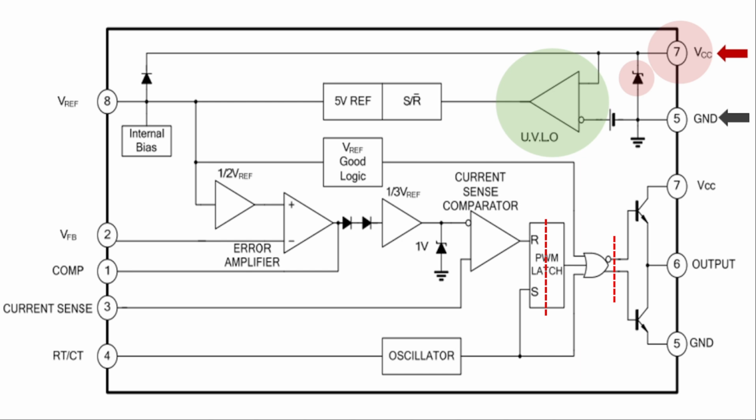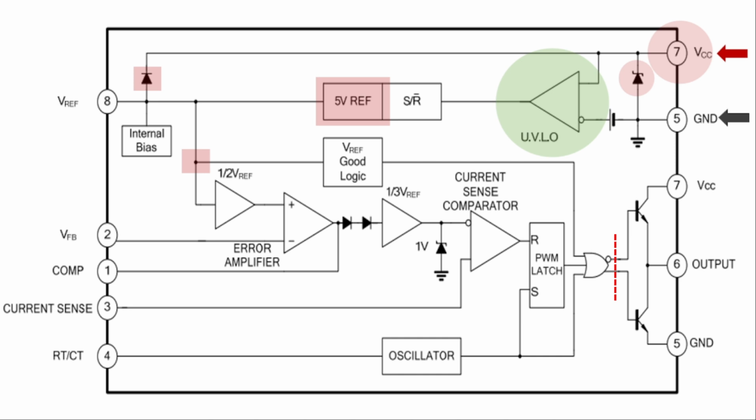As soon as your IC goes into undervoltage lockout mode, in this condition, the reference of 5 volts is turned off. And here the voltage reference good logic checks whether the reference voltage is present or not, as soon as it is assured that the reference voltage is not present. In this condition, it turns off the output.